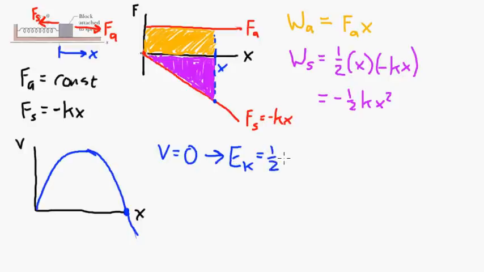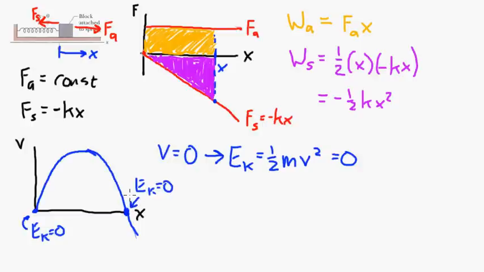That's fine. So at this point, initially where its velocity is 0, kinetic energy is 0, and we also know that kinetic energy is 0 here at the end.